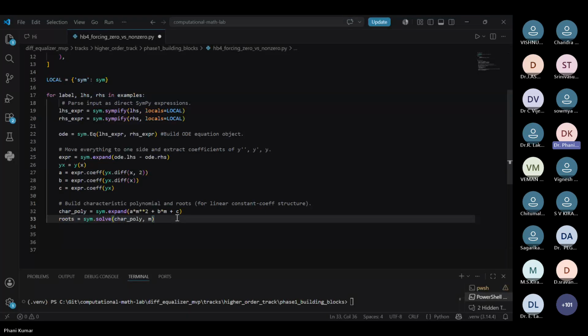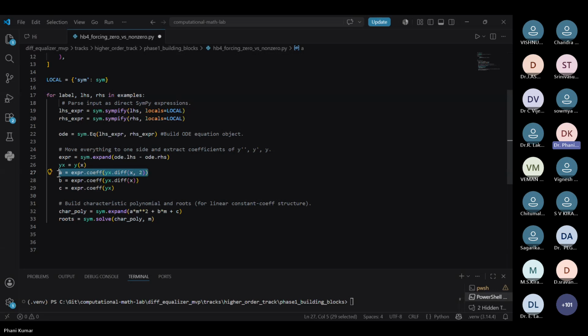Right. Now see, I am going to collect the coefficient of the second derivative. See here, a is equal to, now in this expression, what is there? Sim dot expand dot ODE LHS minus ODE RHS. So from this method we already have that ODE, and it is stored in expression, right?